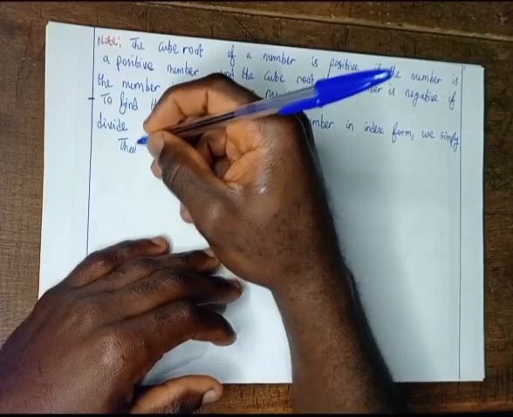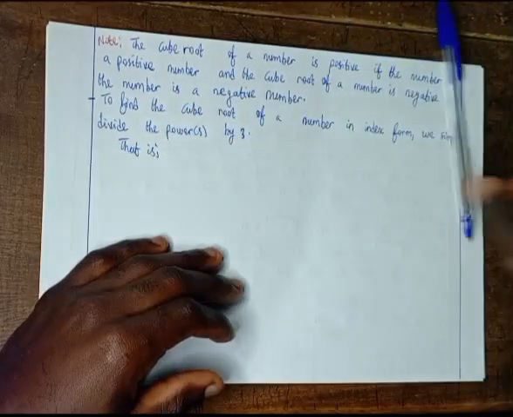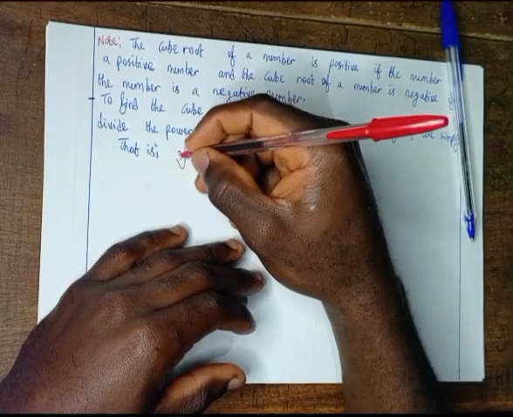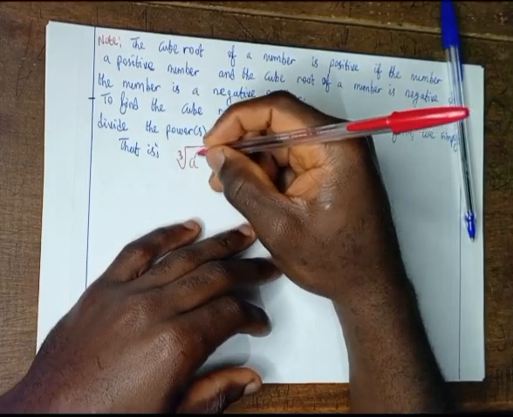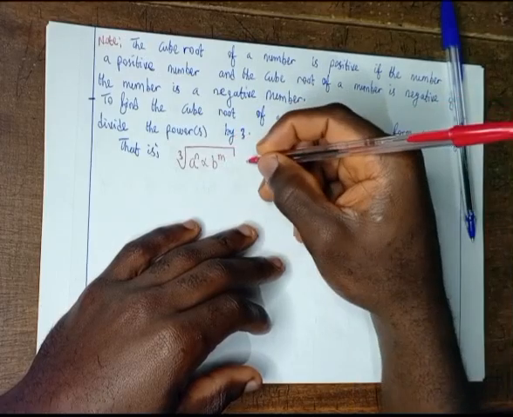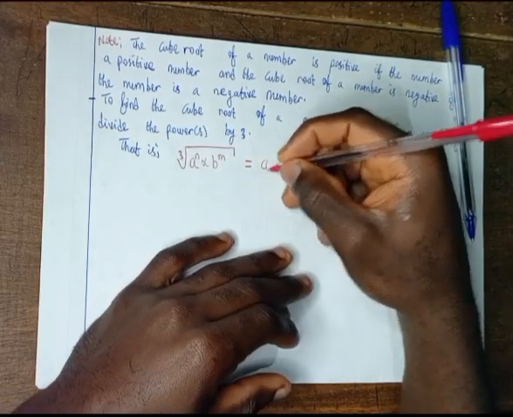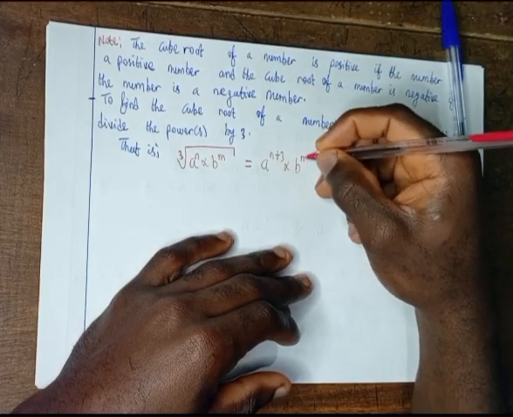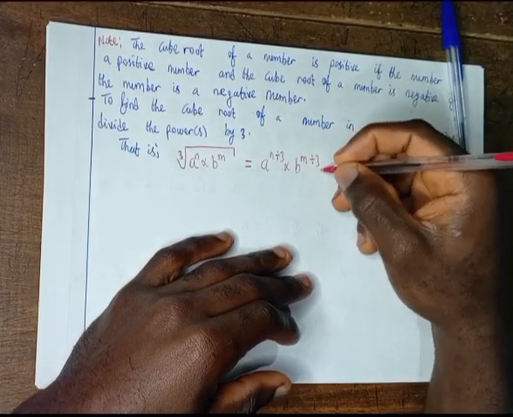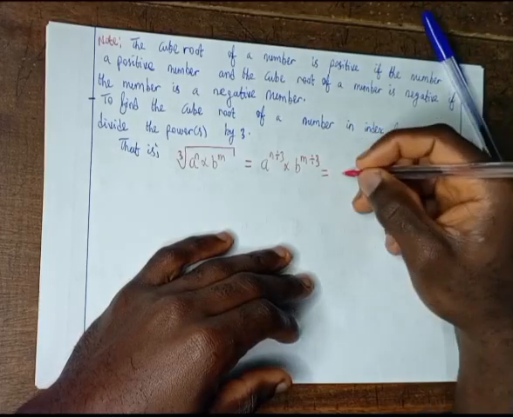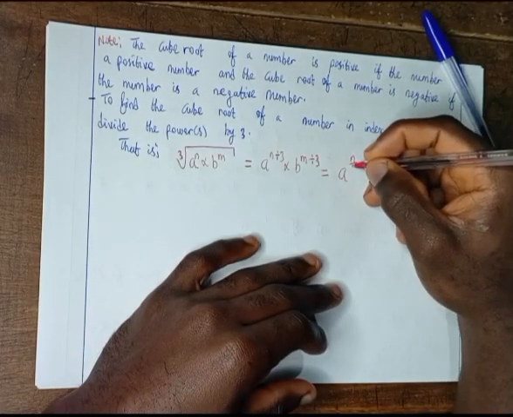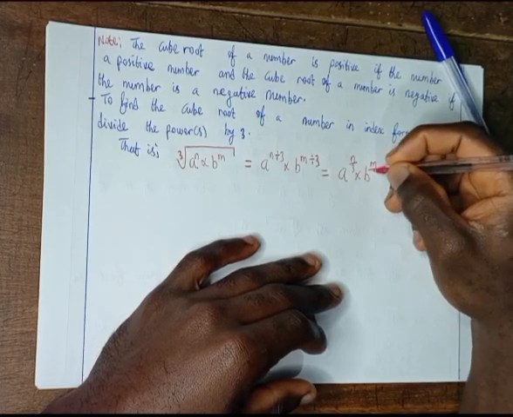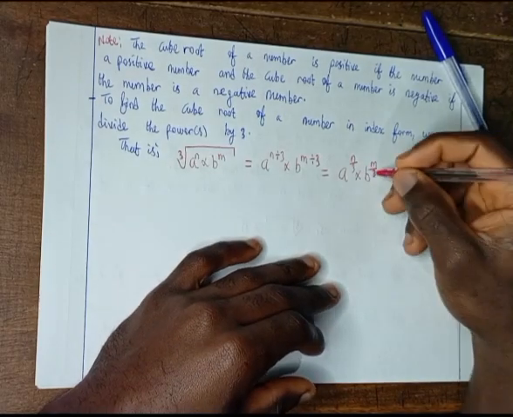That is, if we are to calculate the cube root of a number as such, a to the power n times b to the power m is simply equal to a to the power n divided by 3 times b to the power m divided by 3. So this will simply be equal to a raised to the power n over 3 times b raised to the power m over 3 as such.